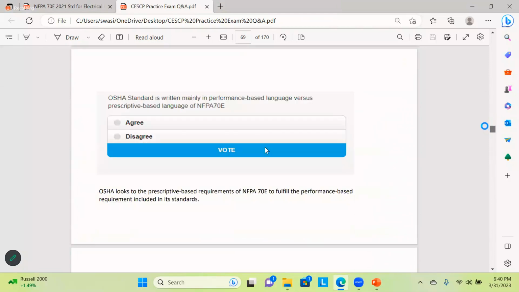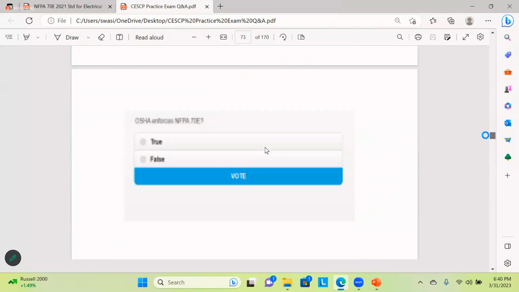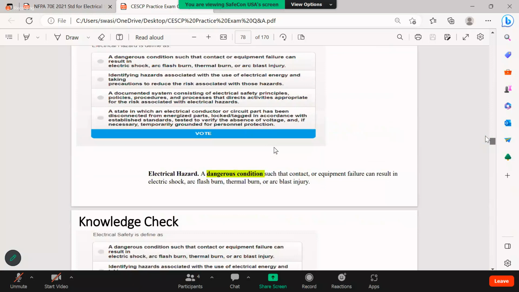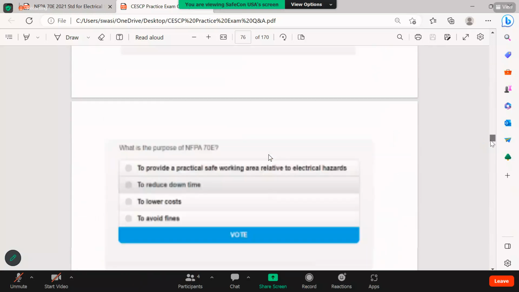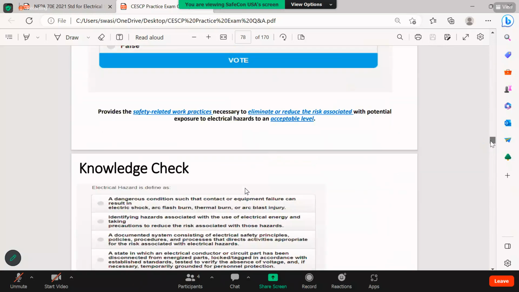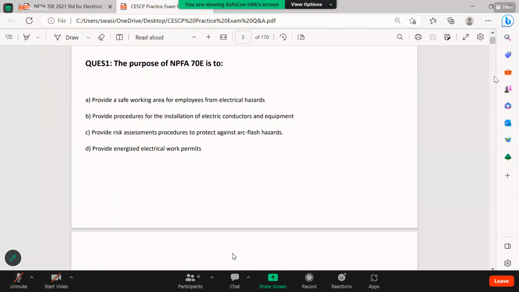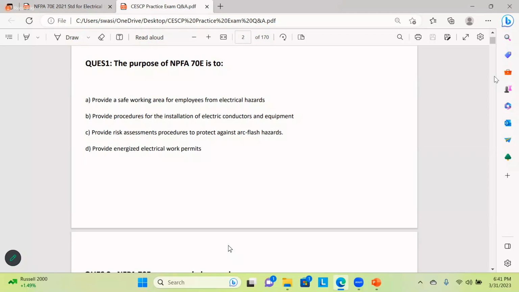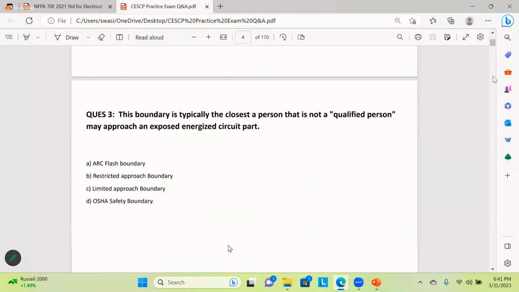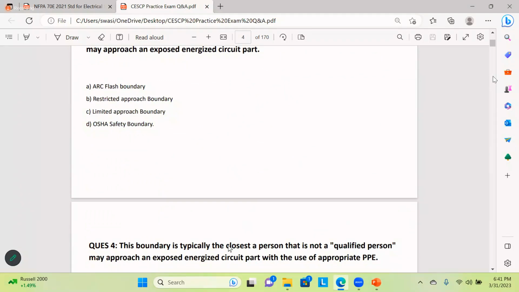So just read through the standard and try to solve these questions as a practice. And if you have any problem with the answer or any clarification, just text me, or you can text on the group as well to have a further discussion.